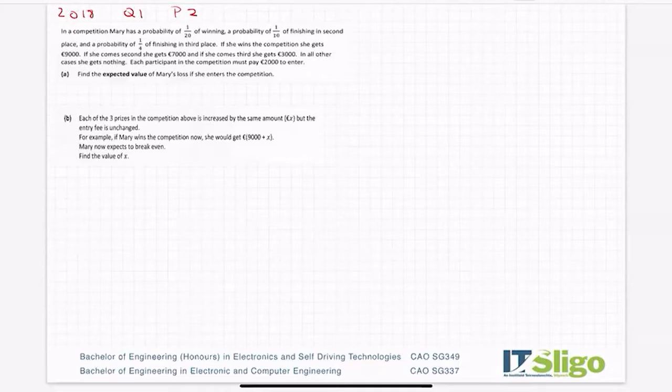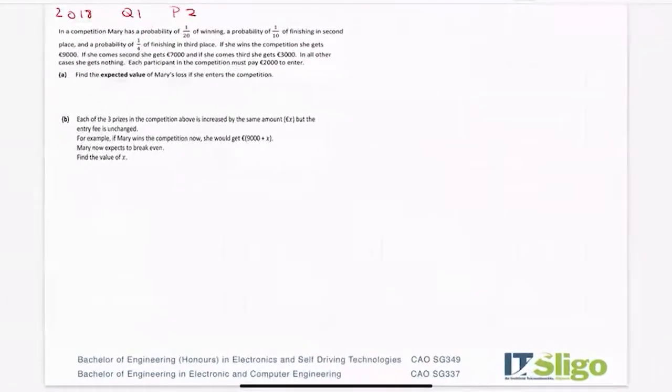Okay, now, in fact, this isn't a bad old question once you have the little bit of theory. So the important theory here is, how do we calculate expected value, always called E of x? Well, it's the sum of, so that's the Greek letter, sum of all of the values of x by the probability of x occurring.